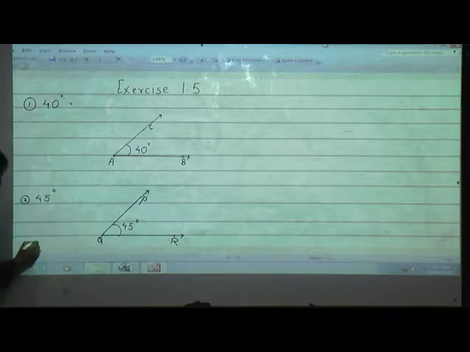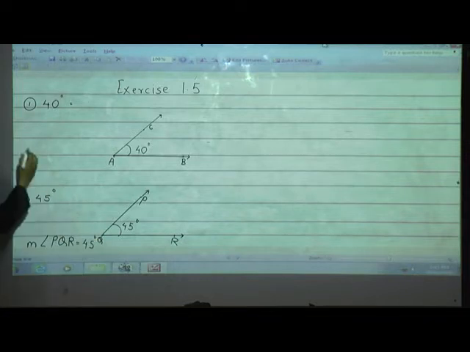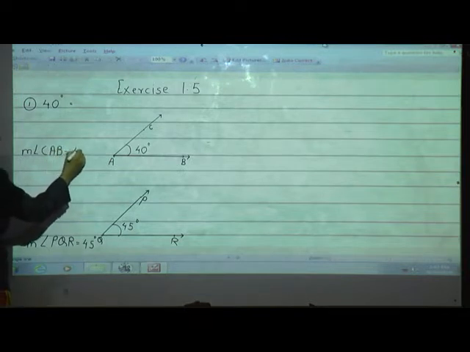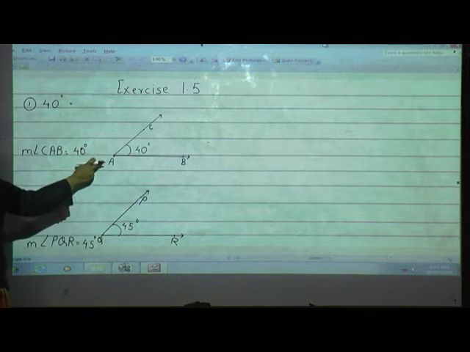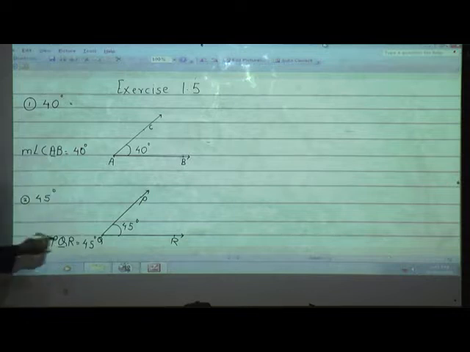You can write it like this: measure of angle PQR equal to 45 degrees. Here also measure of angle CAB is equal to 45 degrees. The vertex is always in between. See, here A and here Q.